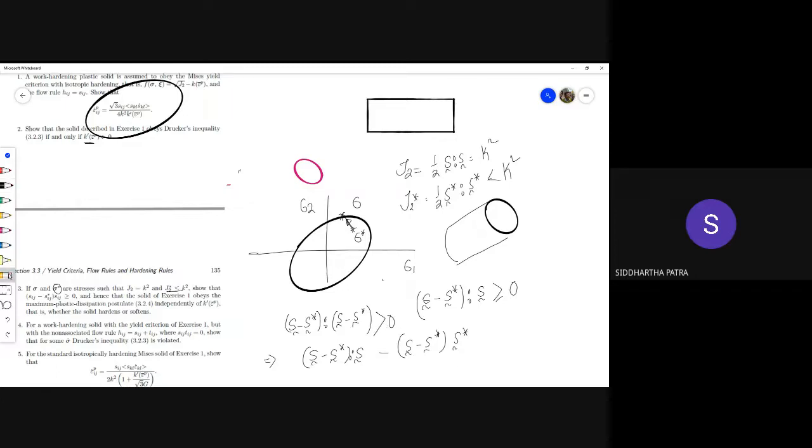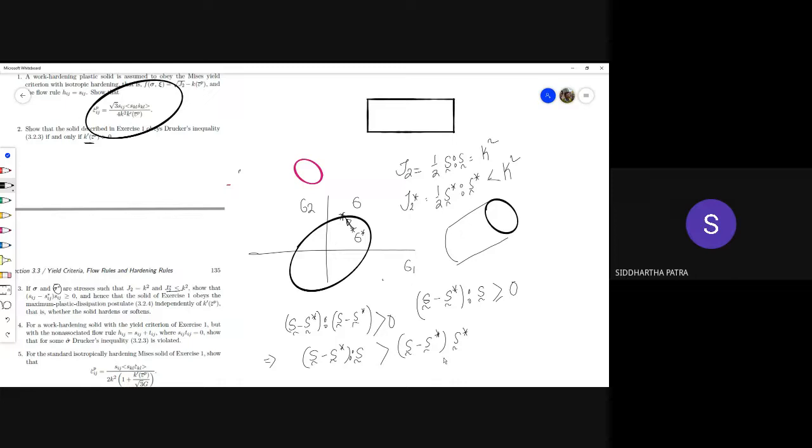So this basically means this quantity is greater than this quantity right here.